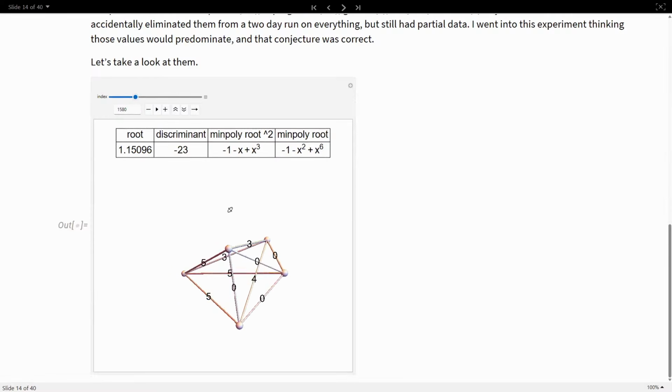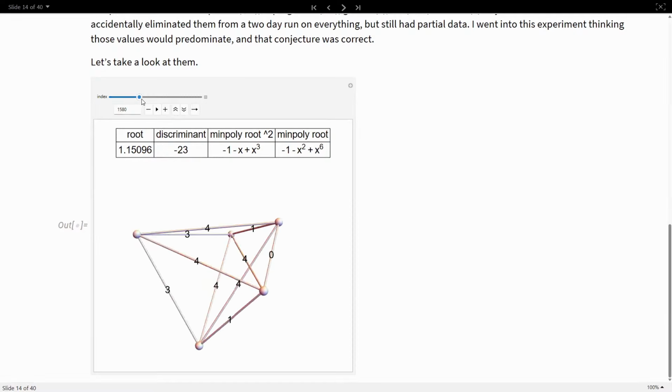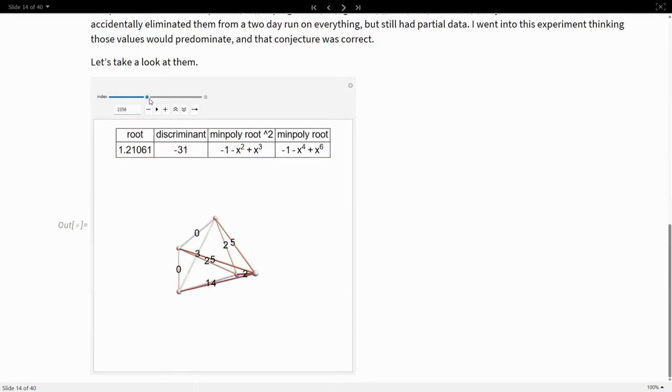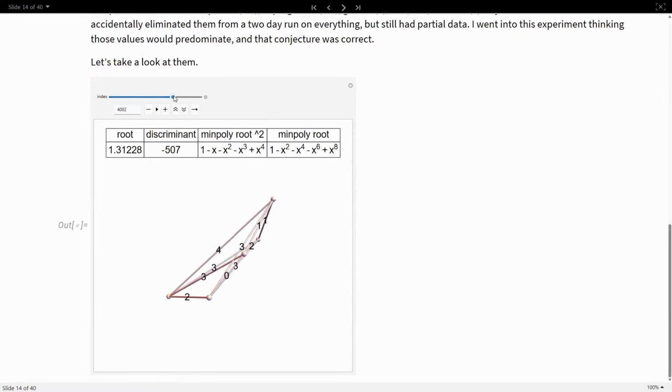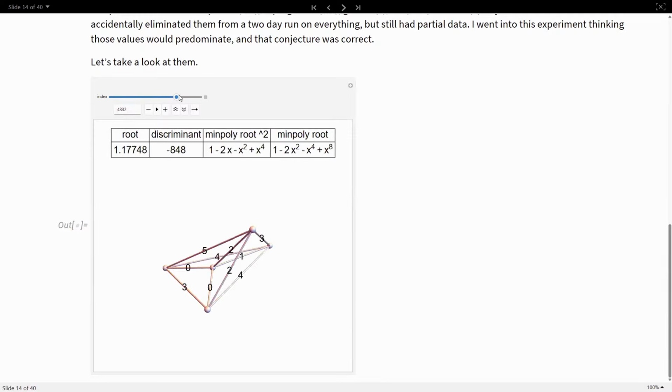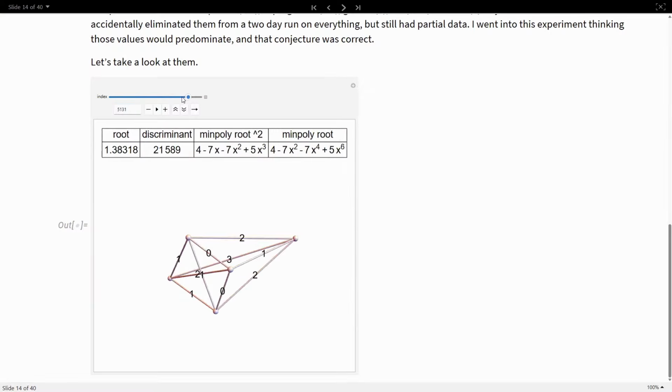So here's one of the ones for the plastic constant. Some for the super golden ratio. And some for the chi constant. And then there's random others that might be worth looking at.